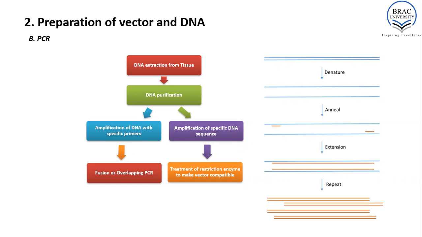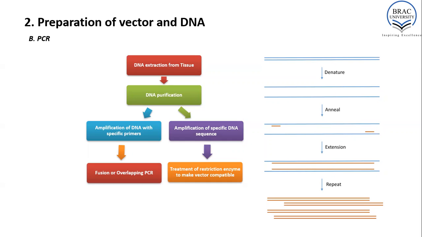Finally, this single-stranded DNA is extended from those primers to a double-stranded DNA. In this way, it can make hundreds and thousands of copies of the same DNA sequence or DNA molecule which we started with at the beginning.